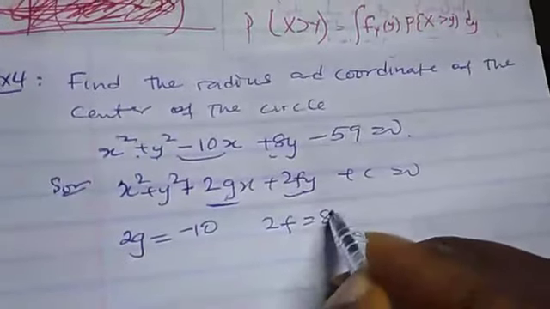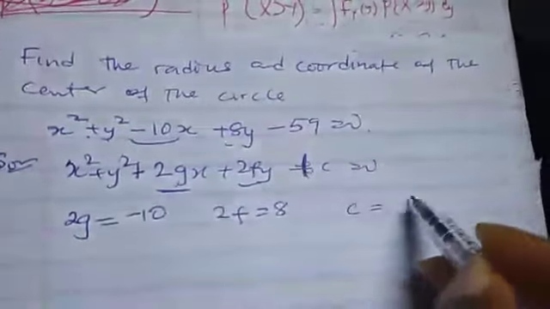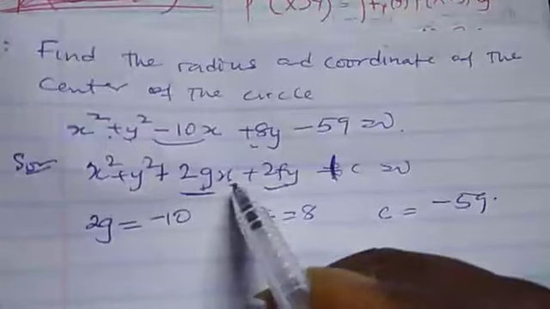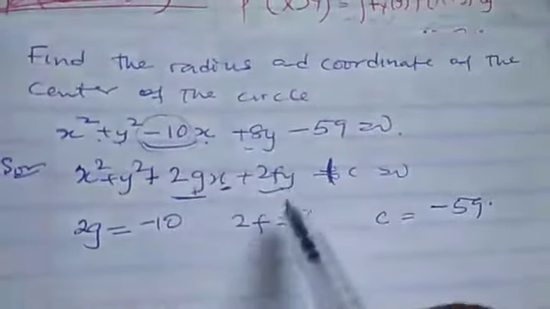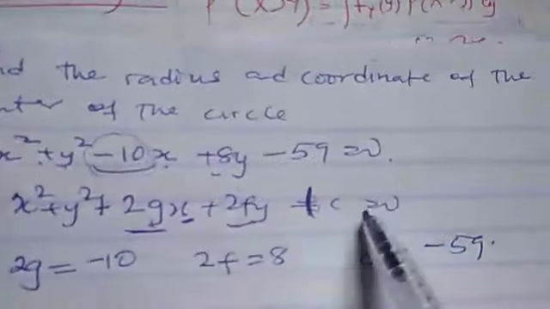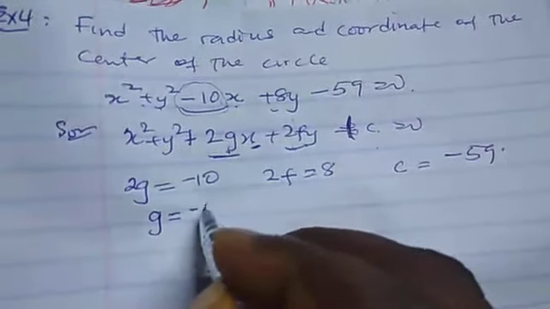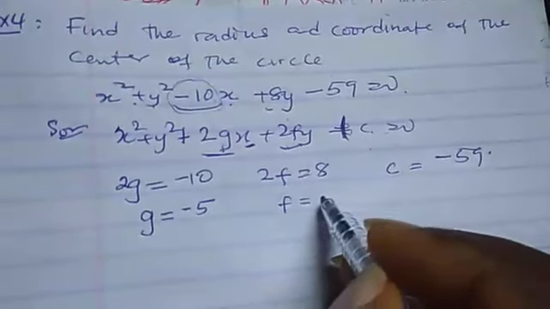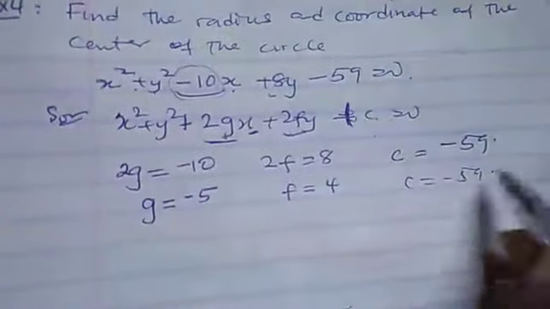Then c, you only need to compare: c is equal to minus 59. You can see 2g is beside x, so we equate it to the number beside x. The same thing goes to y, and the constant is here. From this, our g is minus 5, our f is 4, and our c is still minus 59.